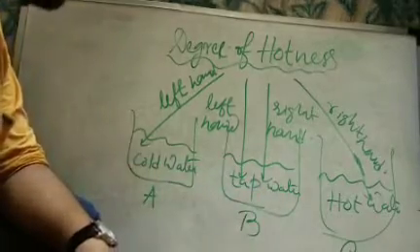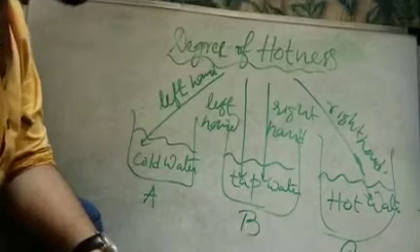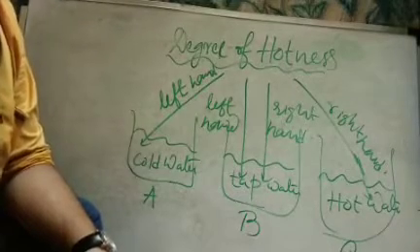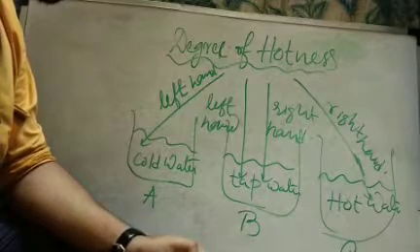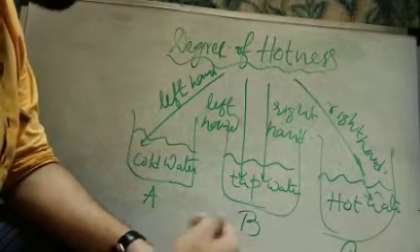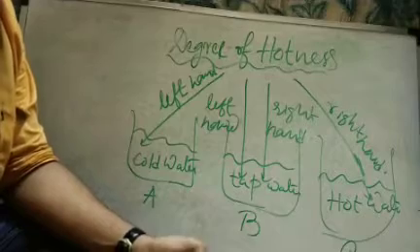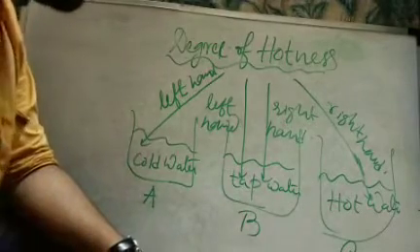So we can say that this degree of hotness is a relative subject. That means that we can say our body is hotter or cooler with respect to another body.